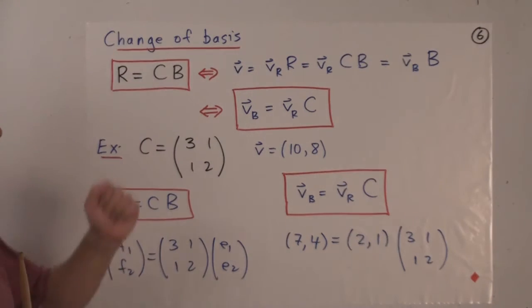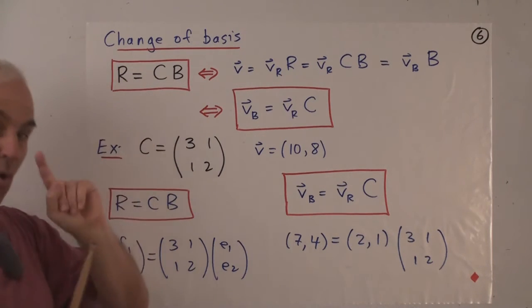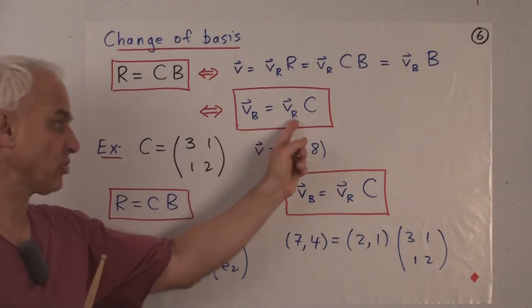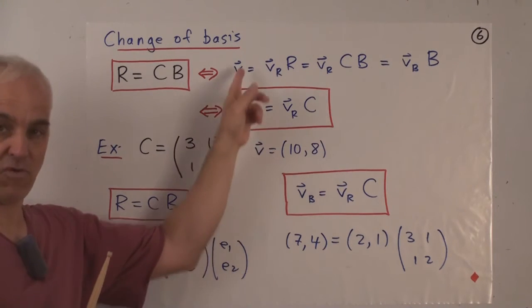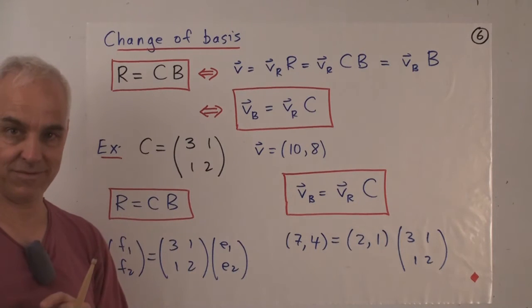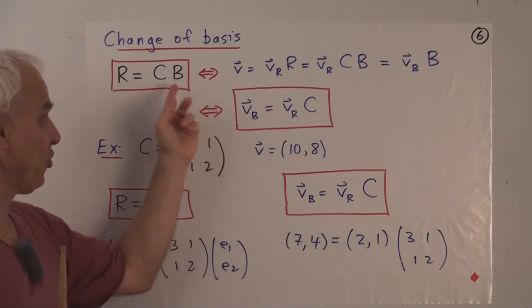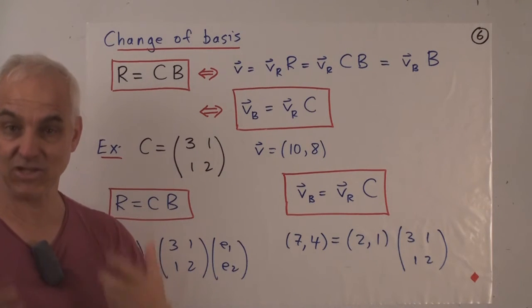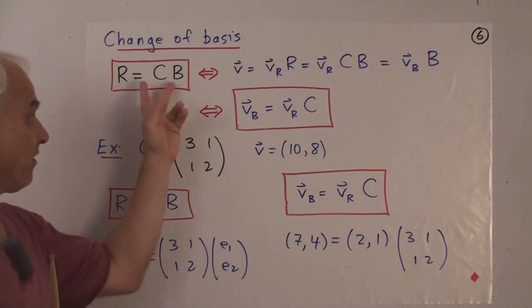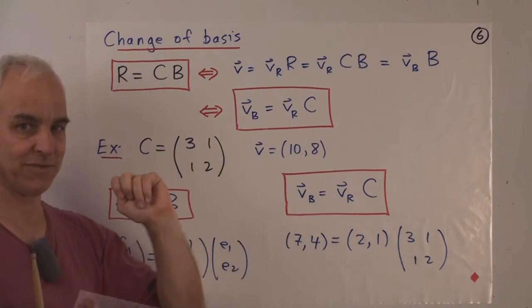That tells us how to go from Bob's matrix to Rachel's matrix, or it tells us how to go from Rachel's coefficient vector to Bob's coefficient vector for a particular vector V. So it plays this sort of dual role. There are these two ways of thinking about what the change of basis matrix is doing. It's acting either on matrices or it's acting on coefficient vectors.